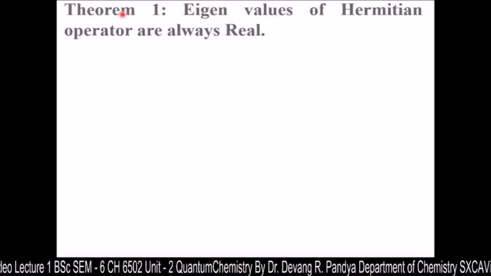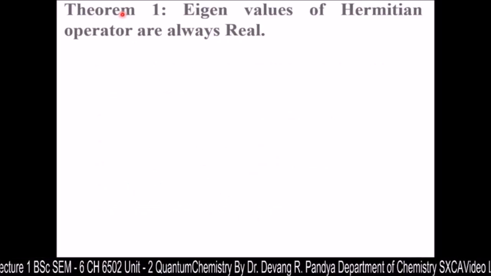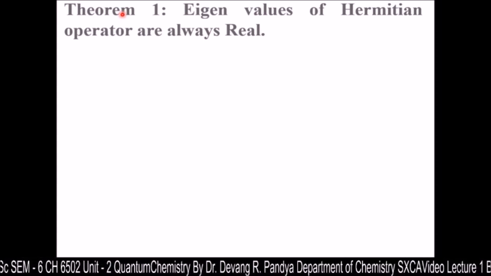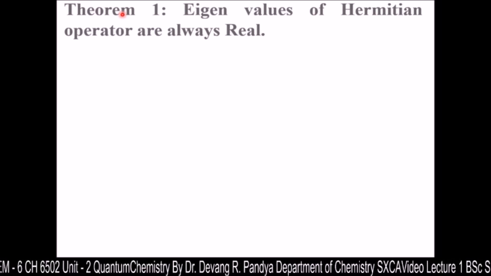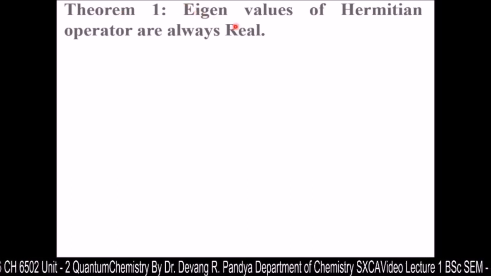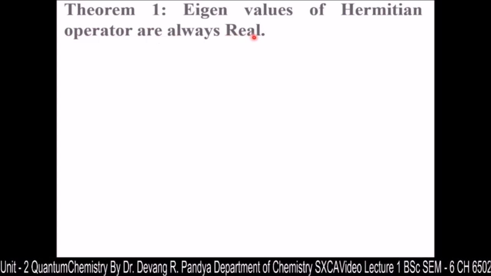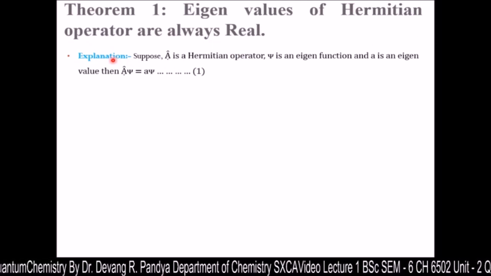Now let's study theorem 1 associated with the Hermitian operator. The statement of theorem 1 is that we need to prove eigenvalues of a Hermitian operator are always real. Now the explanation.